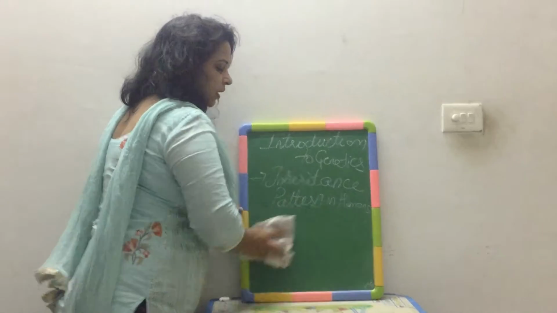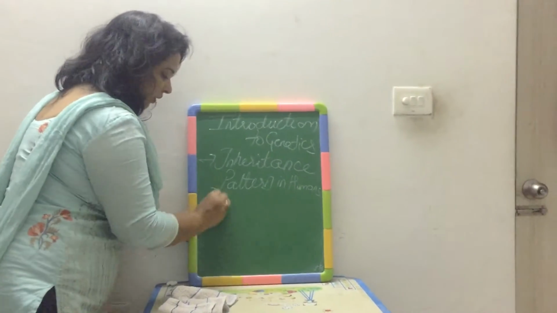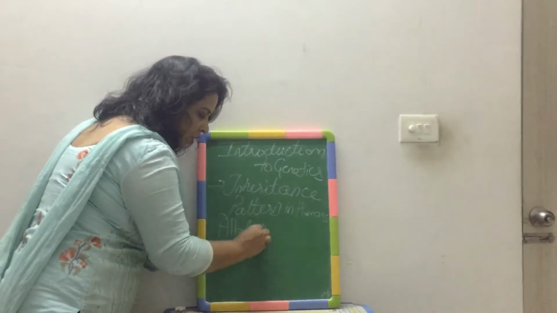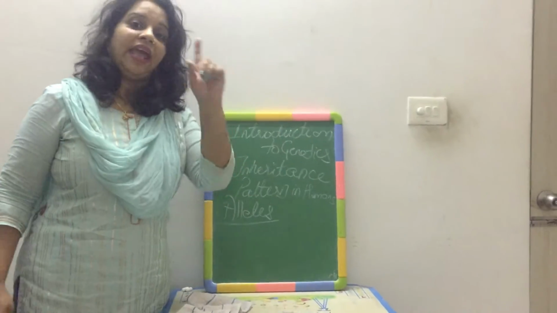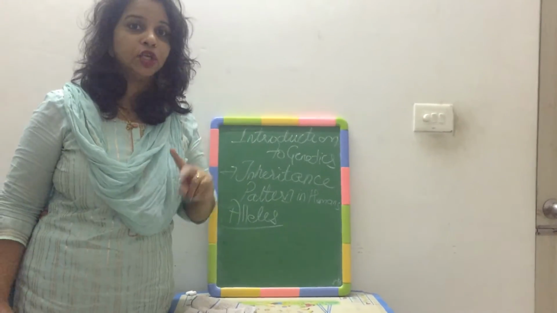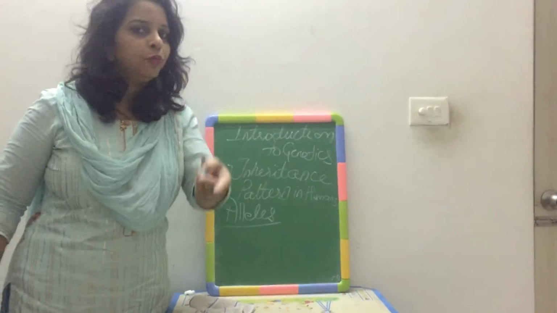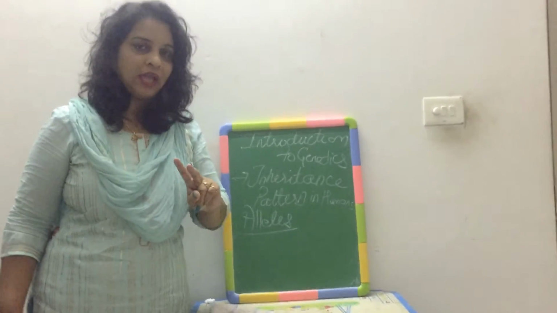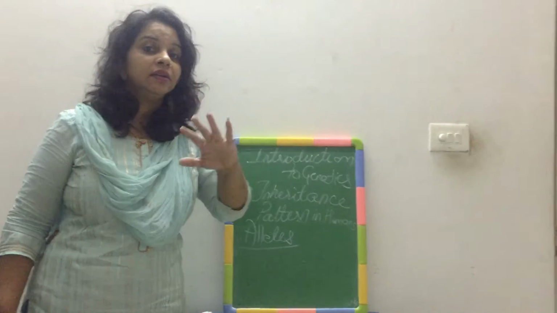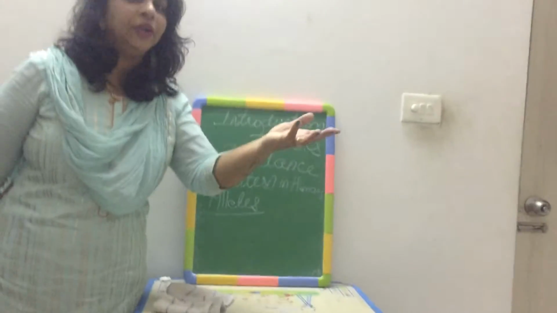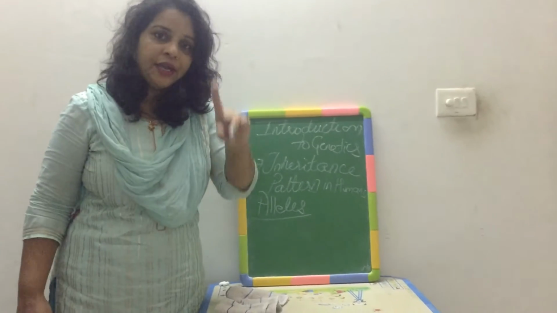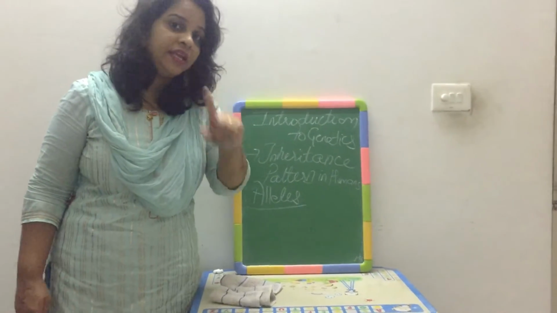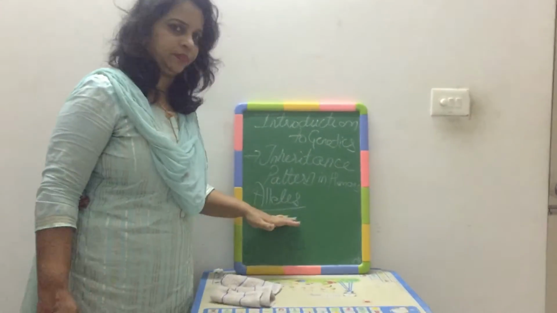Next concept is alleles. This is a very important concept, so please listen carefully. What is an allele? Every gene has two alternative characteristics, which are shown in different ways. An alternative form is called an allele.